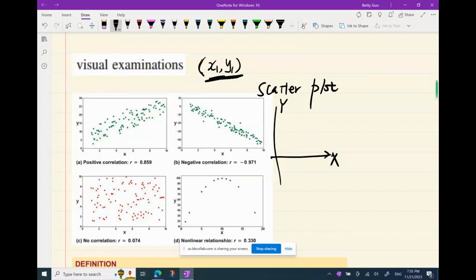This ordered number pair corresponds to a point in a rectangular coordinate system. Suppose we have n values from each of the variables x and y, then we would have n ordered number pairs, and they correspond to n points. We understand this, right?